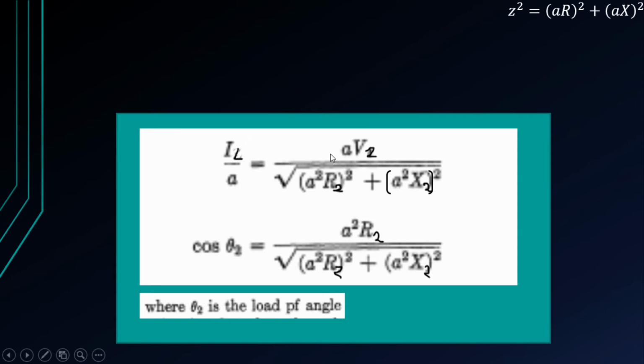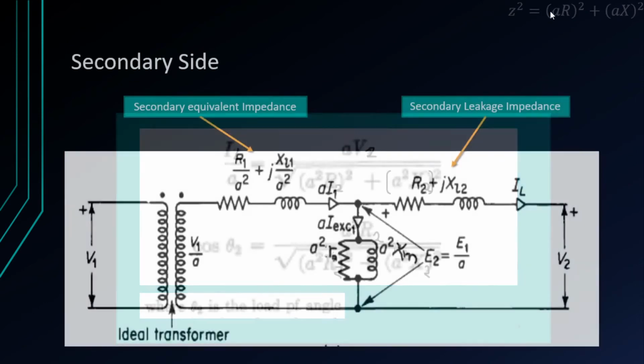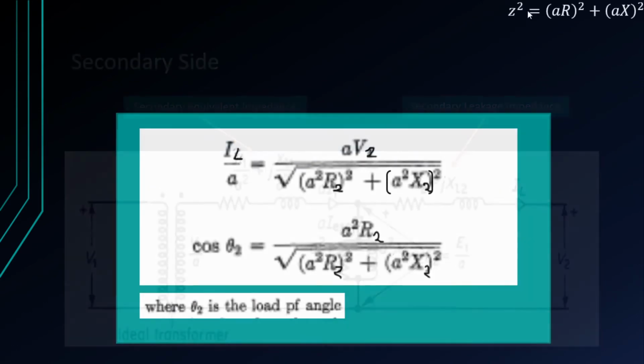So, is equals to AB squared over square root of A squared R sub 2 squared plus A squared X sub 2 squared. So, makuha natin yan na parang relationship na itong nasa taas.